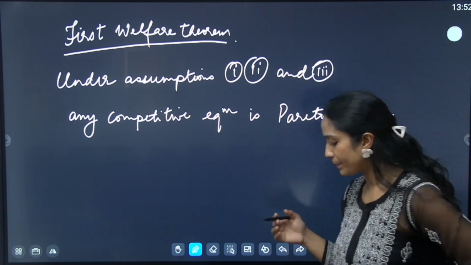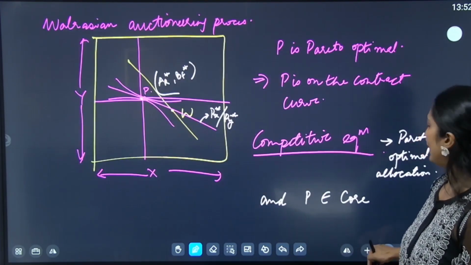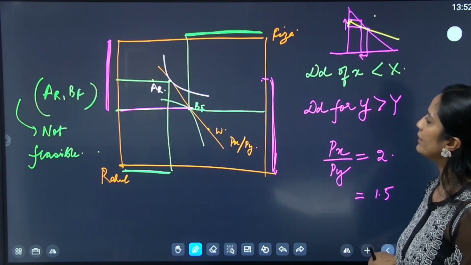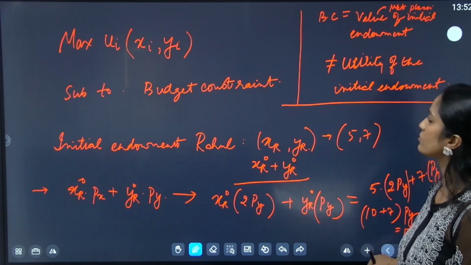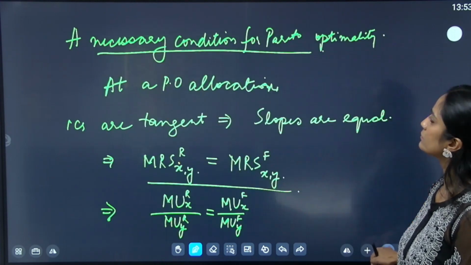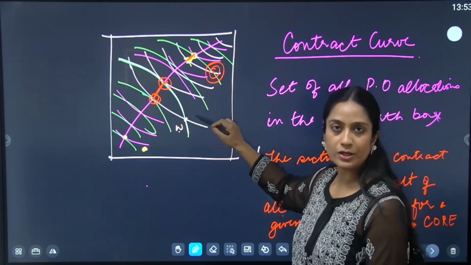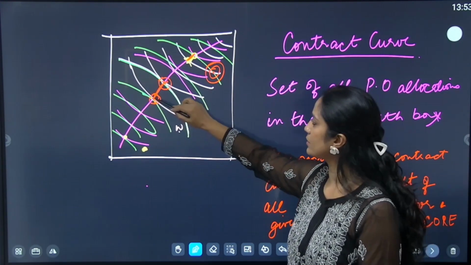Because you see, any Edgeworth box, this is where we had that core diagram. Now let me just go there. So this is the diagram. So suppose for this allocation, this is the core.